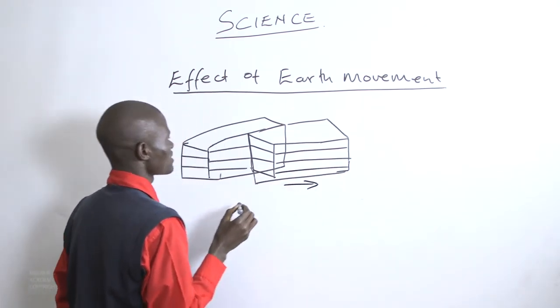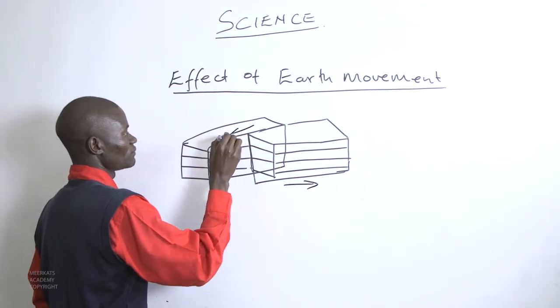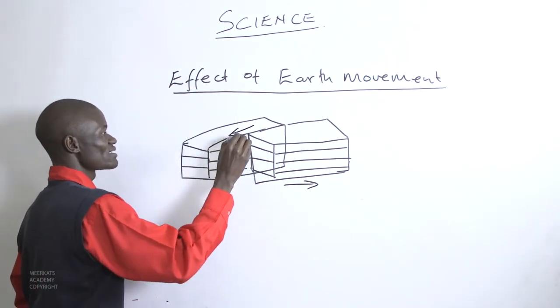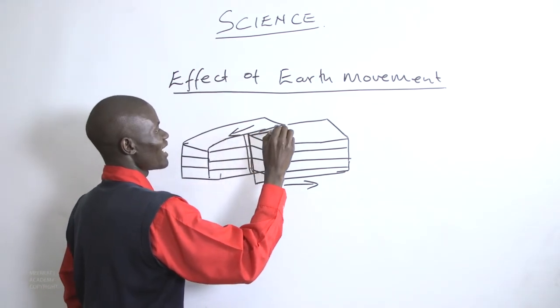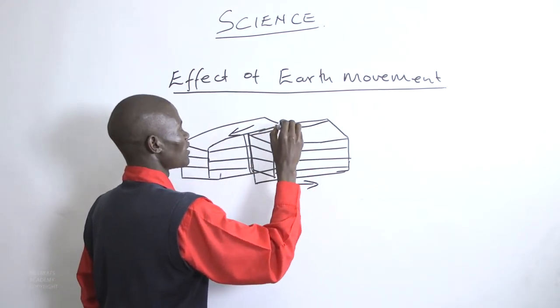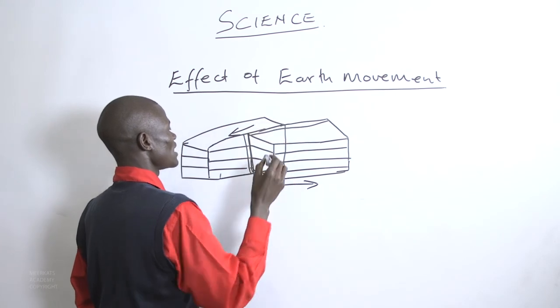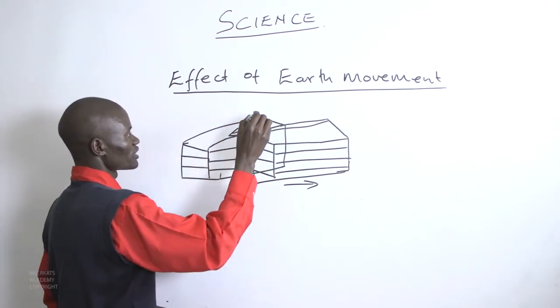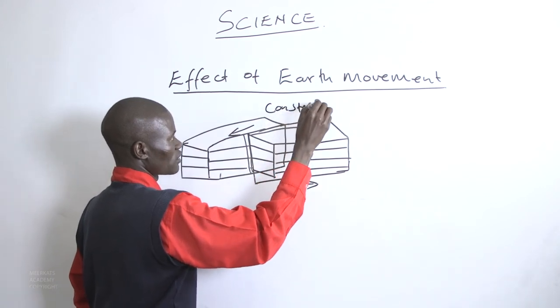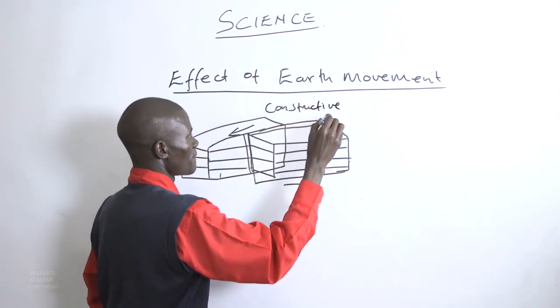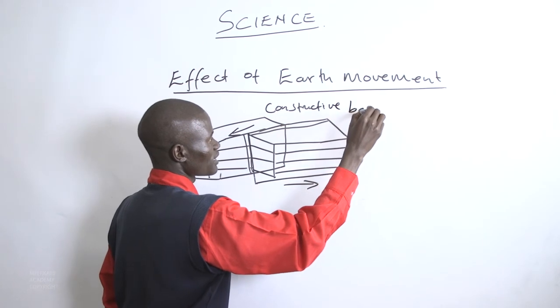This block is sliding past the other, and as a result there is going to be shearing and tearing. As it slides, a boundary is going to be created.